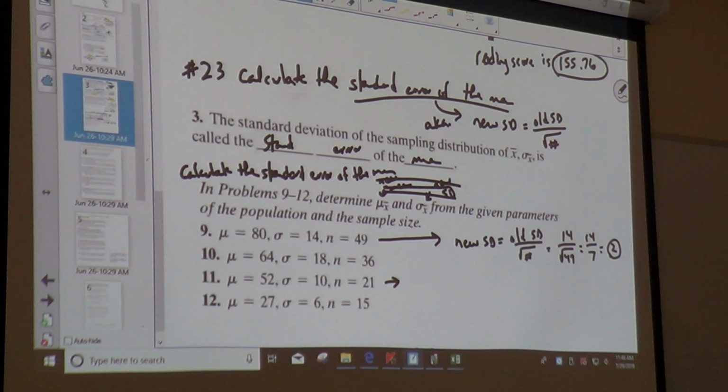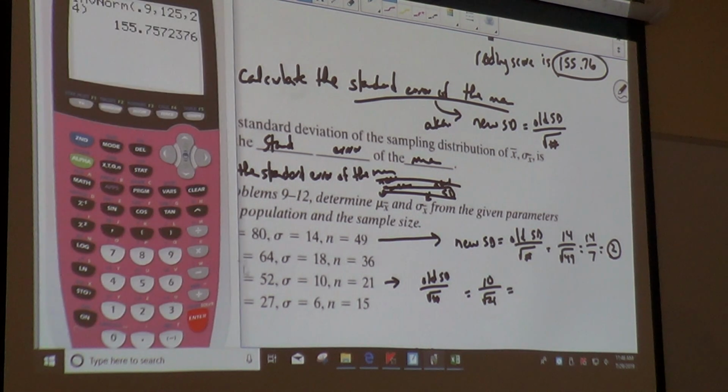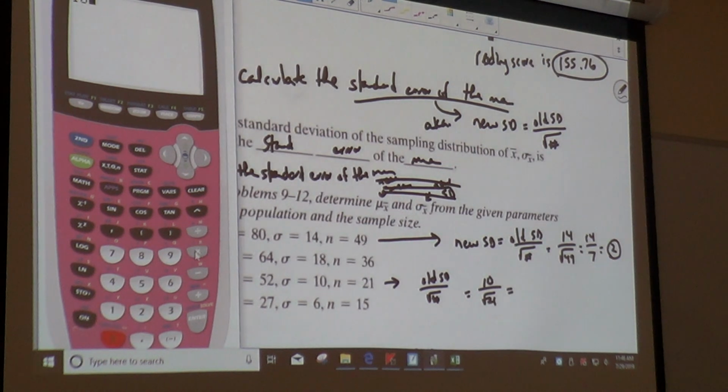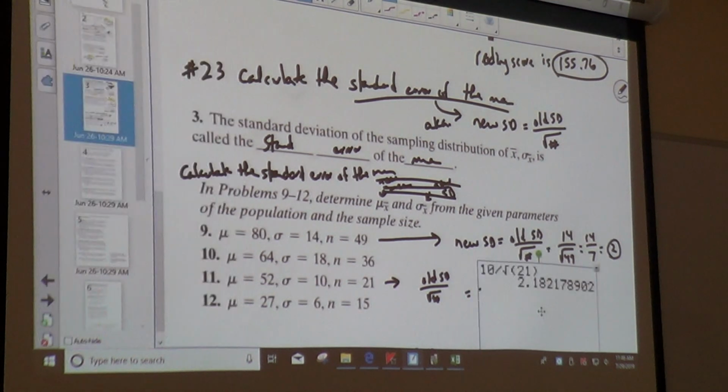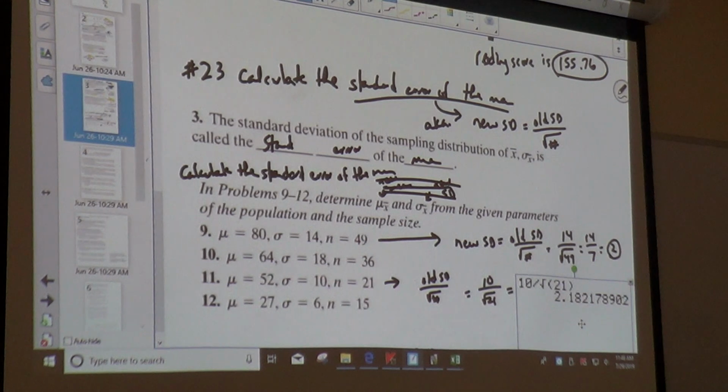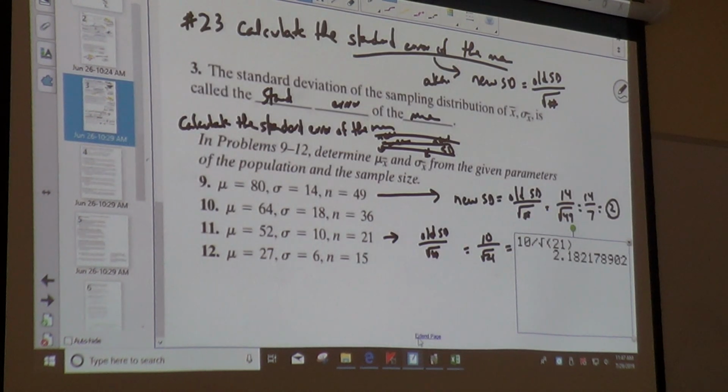So this one is going to be the old standard deviation divided by the square root of the size of the group, so it's 10 divided by the square root of 21. This one's going to be a little bit harder. 10 divided by the square root of 21. So that's going to be 2 and a little bit of change. Standard error of the mean. Find the new standard deviation. That is number 23.